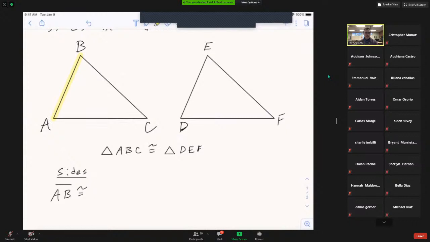I like this, this is a good setup here. Yeah, very good, Seth. That'd be DE. So AB is congruent to DE. Those two sides, I have them highlighted in yellow. Those are the same length.